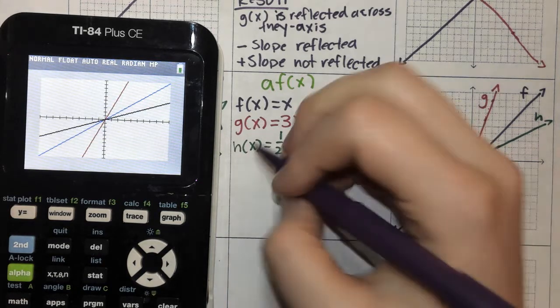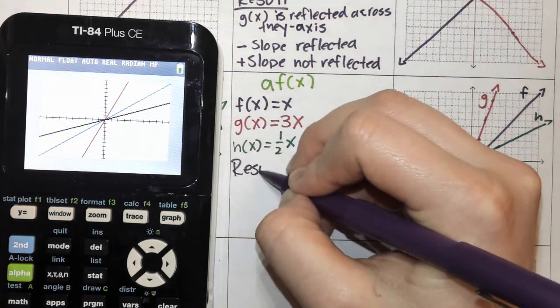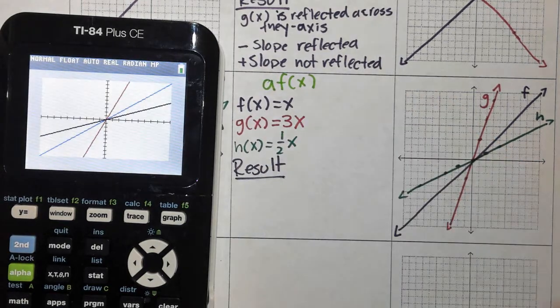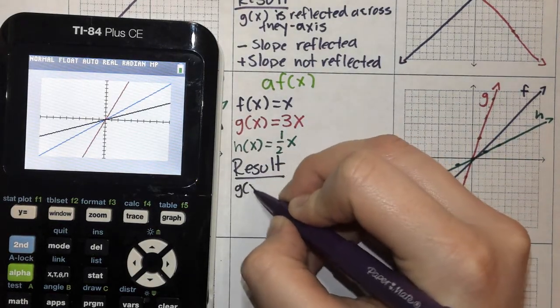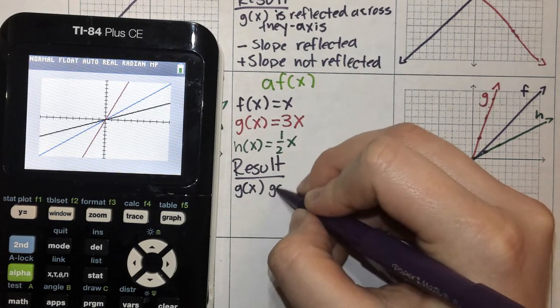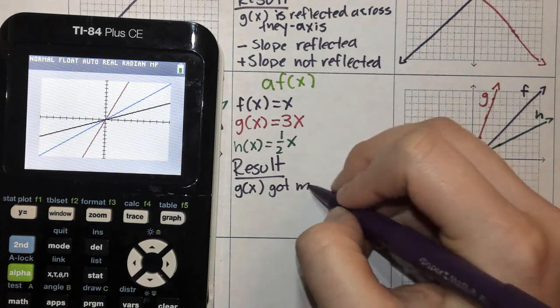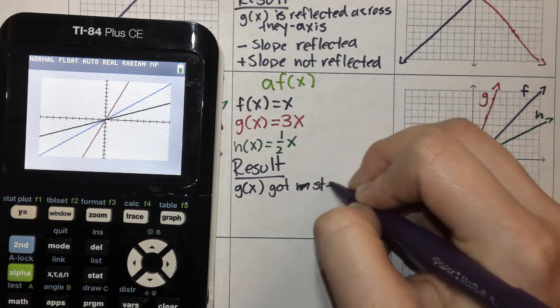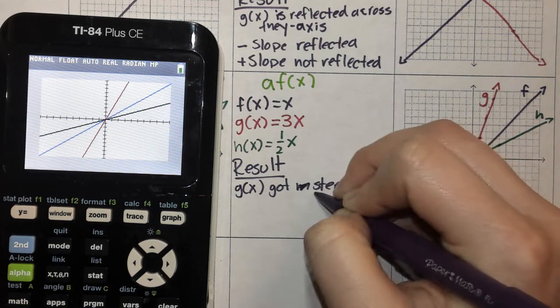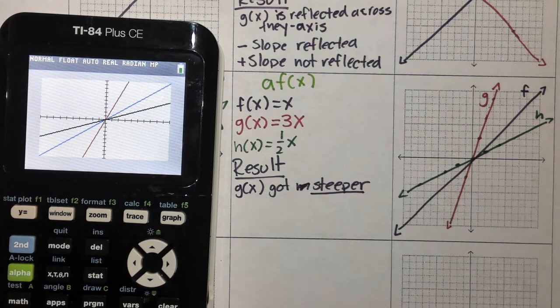All right, so the result. g of x got more steep, or got steeper. Let's say steeper. Steeper is the word that you are going to see on the test.